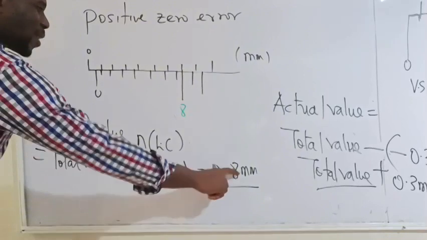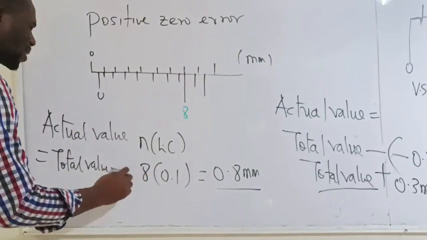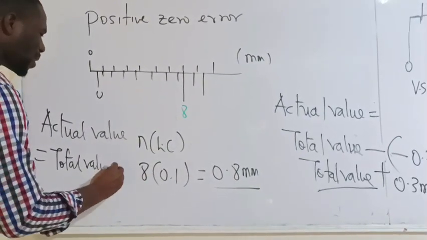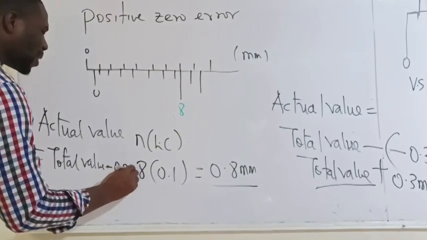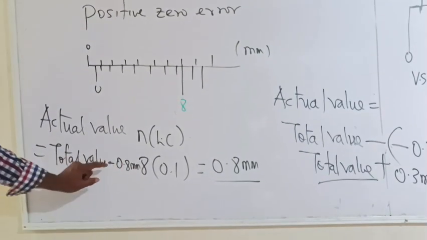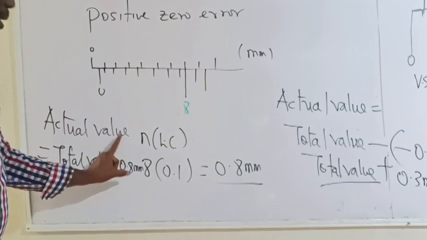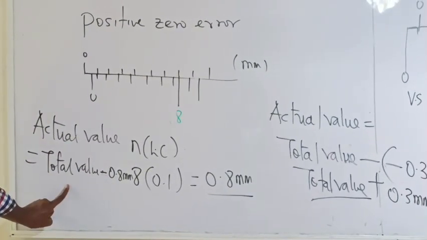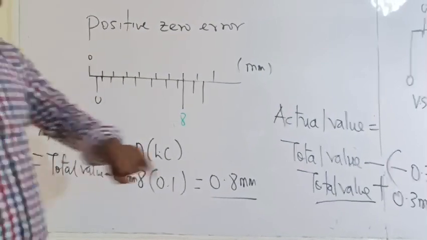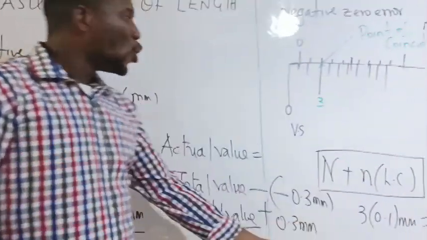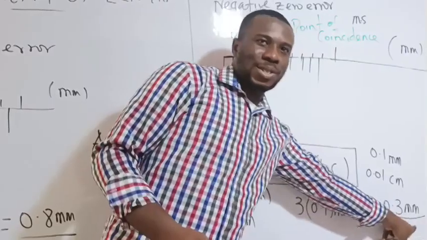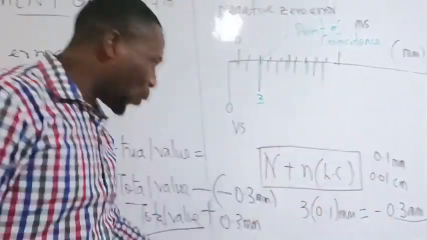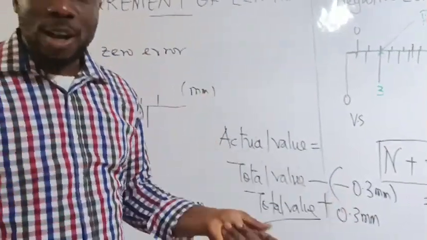So minus times the plus gives us a minus. Always take note of this: when it is a positive zero error, you are removing the error. You subtract the error from the total value of the object you measured. And if it's a negative zero error, you add the magnitude of the negative error to the total value. That would give the actual value of it.